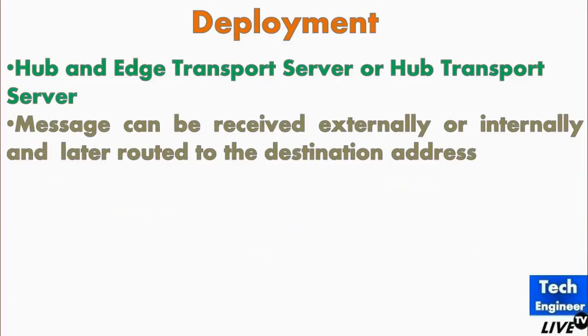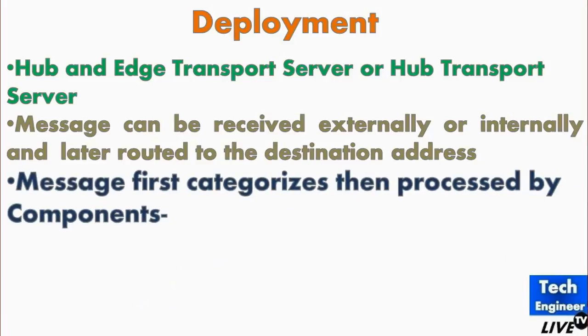Then the message can be received externally or internally and later routed to the destination address. Anyway, whether you are using Hub Transport Server only or Hub and Edge Transport Server, the message will be received externally and internally and later routed to the destination address.